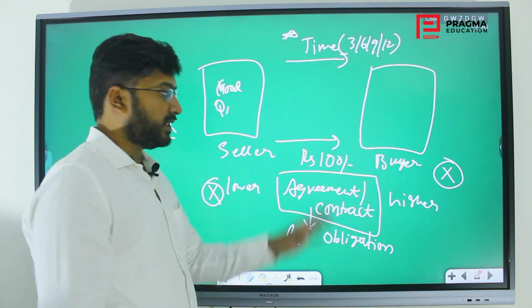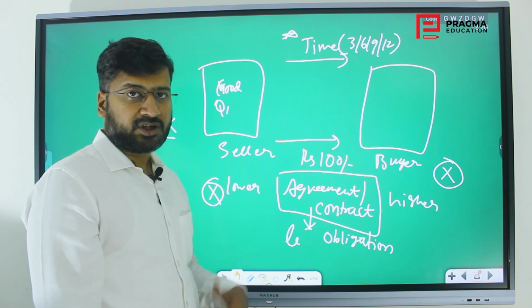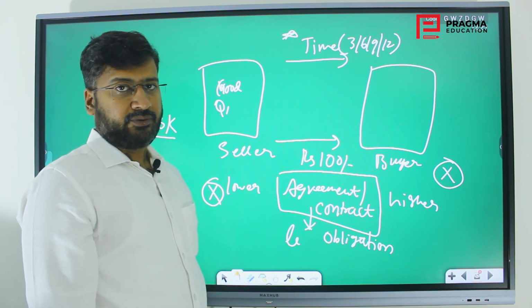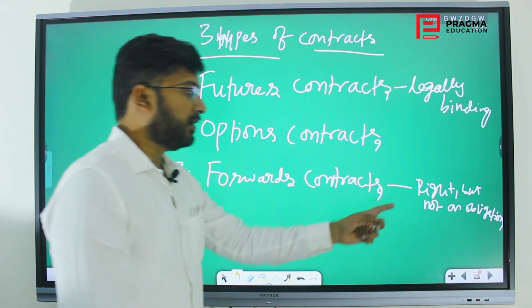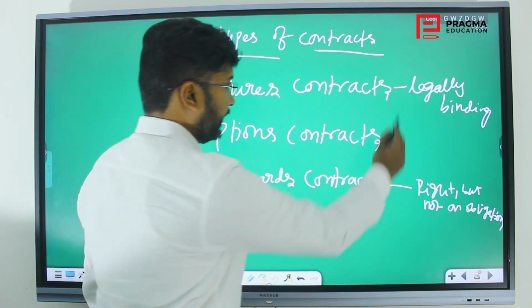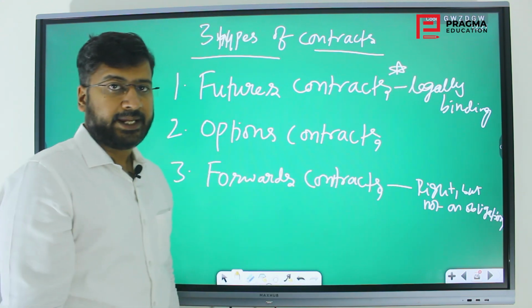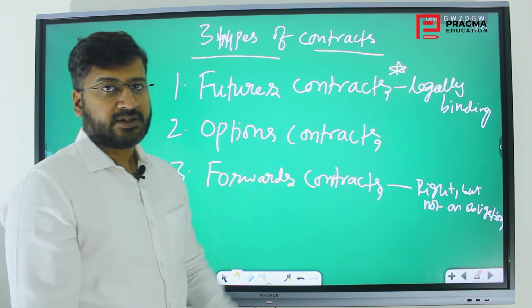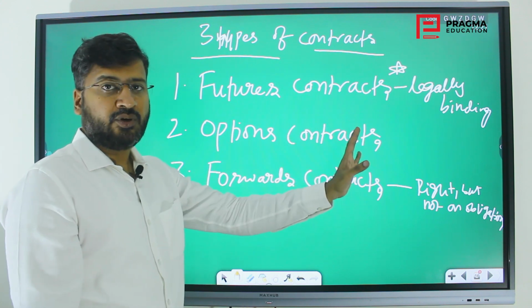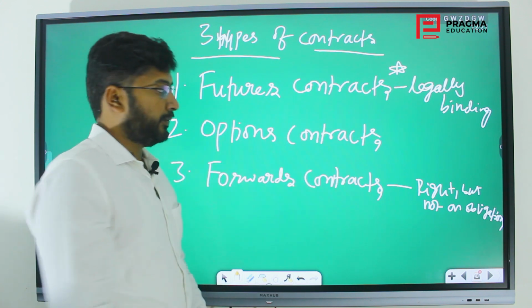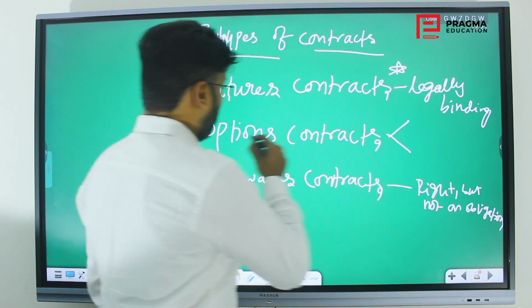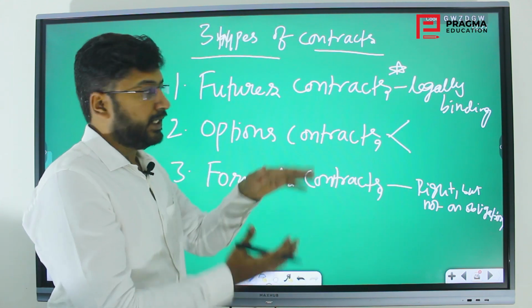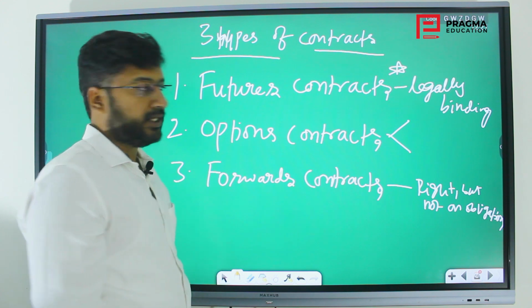If either party says no, it cannot be executed because it is a loss to me. That is forwards contracts, and it is not legally binding. Futures are legally binding, meaning even if somebody is at loss, they will have to execute the agreement. And options contracts are something in between these two extremes.